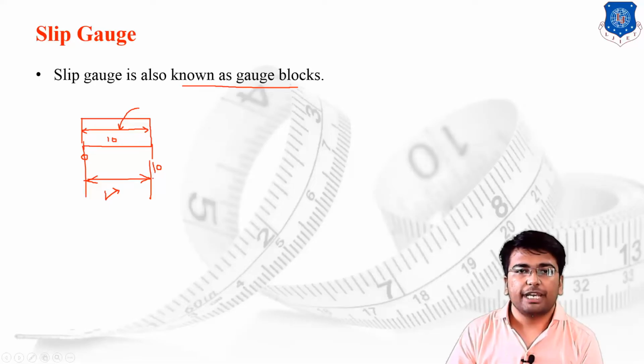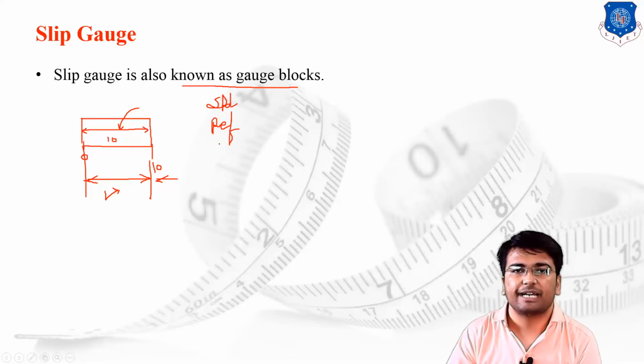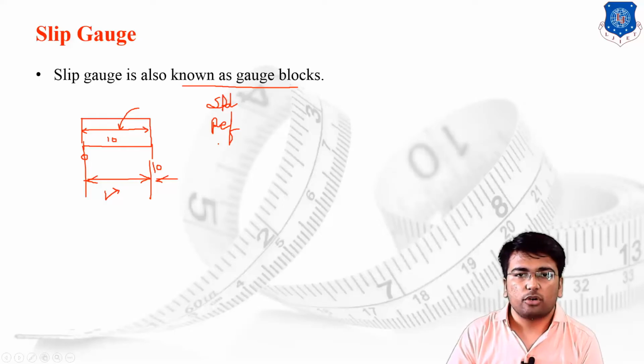So to make sure the scale is accurate, we have to use some sort of standards, some reference gauges, or standard gauges, to ensure that the scale has exactly the length we require.